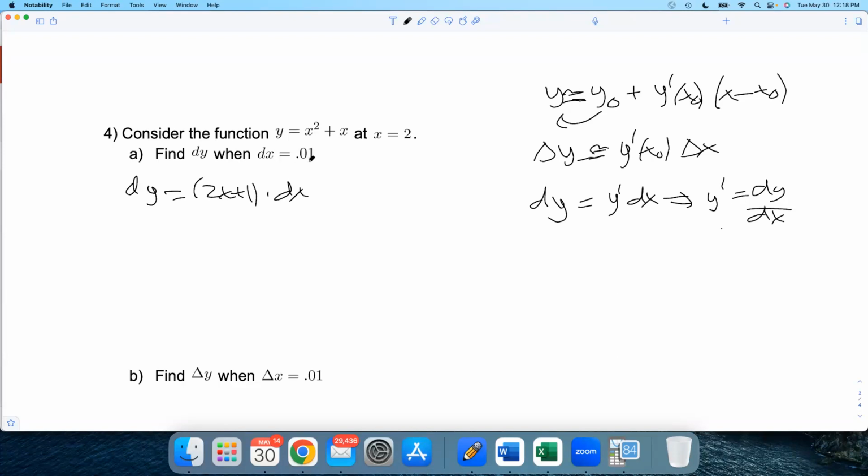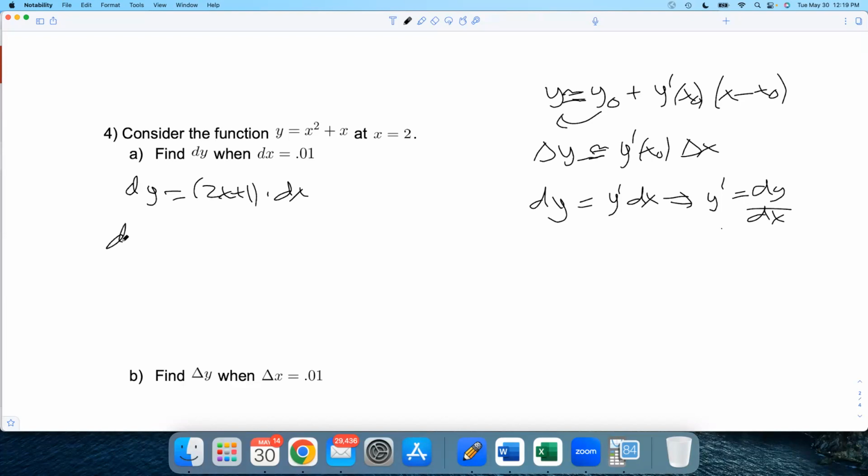All we're really finding here is the linearization, the equation of the tangent line, only I'm not looking for the new y value. I've moved this guy over and I'm looking for the change in y. So it really is the same problem we just did, only instead of finding a new y value, I'm finding a change in y.